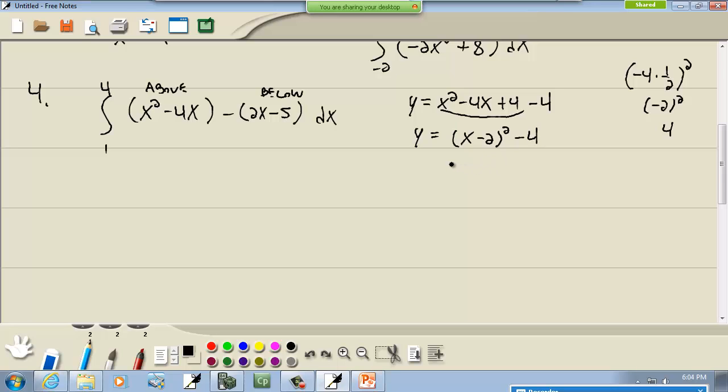And then our vertex would be 2, negative 4. Now 2, negative 4 would be right there for the vertex.